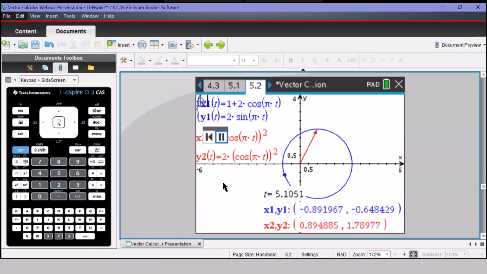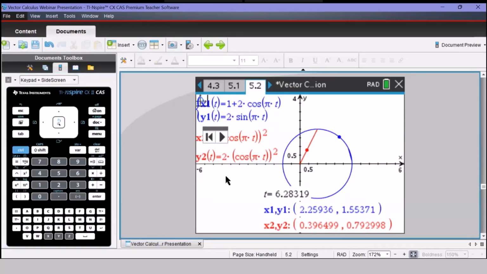I'm thinking that these particles don't look as though they've collided, and we can back that up mathematically. So it's nice to simulate it. They may have shared that point there, but not at the same time. So we don't think these particles have collided based on this simulation.